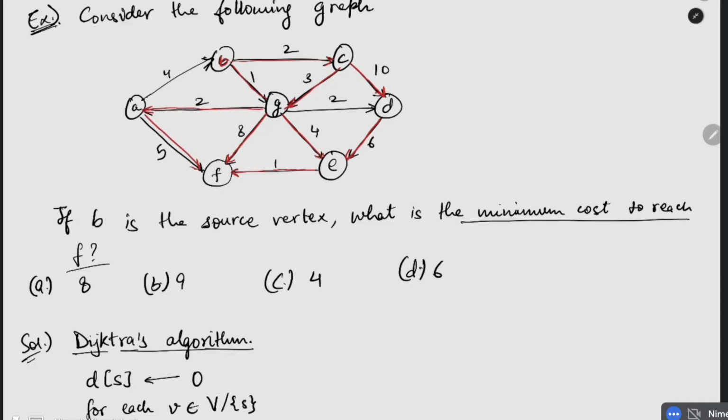So if we consider all of these, we can clearly see that going from B to G, G to E, and then E to F is the solution with the least total weight, right? So the least distance.